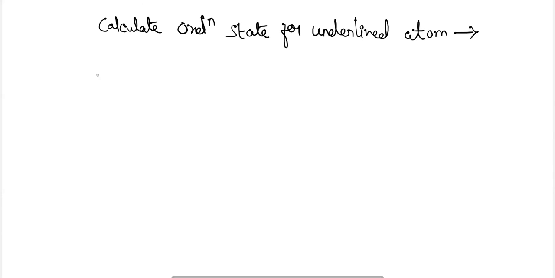For ClO3 minus, chlorine will be the underlined atom; just calculate here.